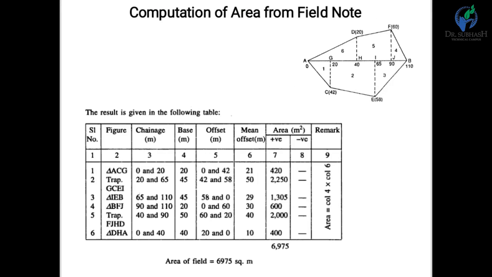Computation of area from field note. Next thing is how we can calculate area from the field note. Some data is given in the field note that contains the length of the base at different points and some offsets at different points, creating geometrical boundaries and figures that connect each and every shape.